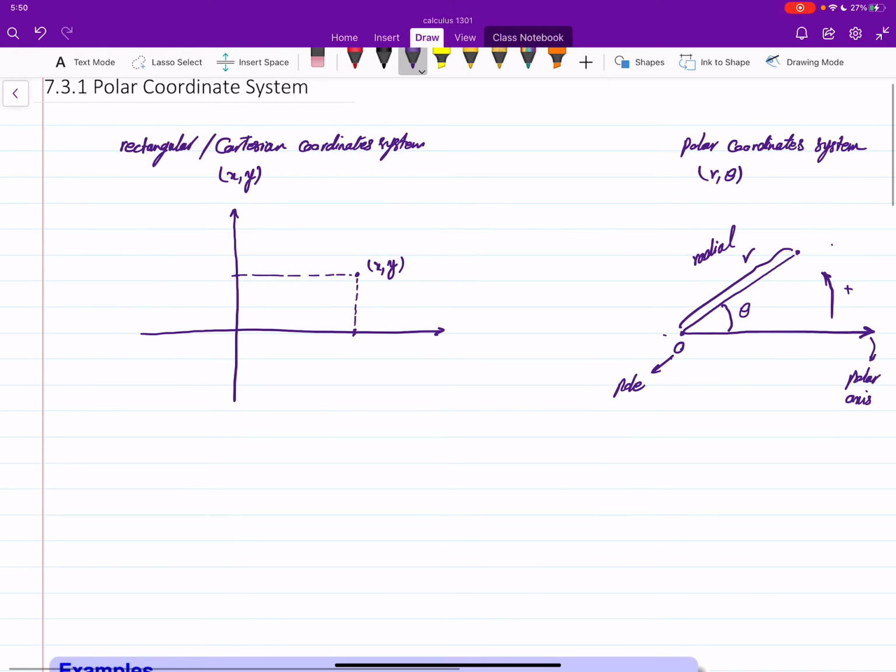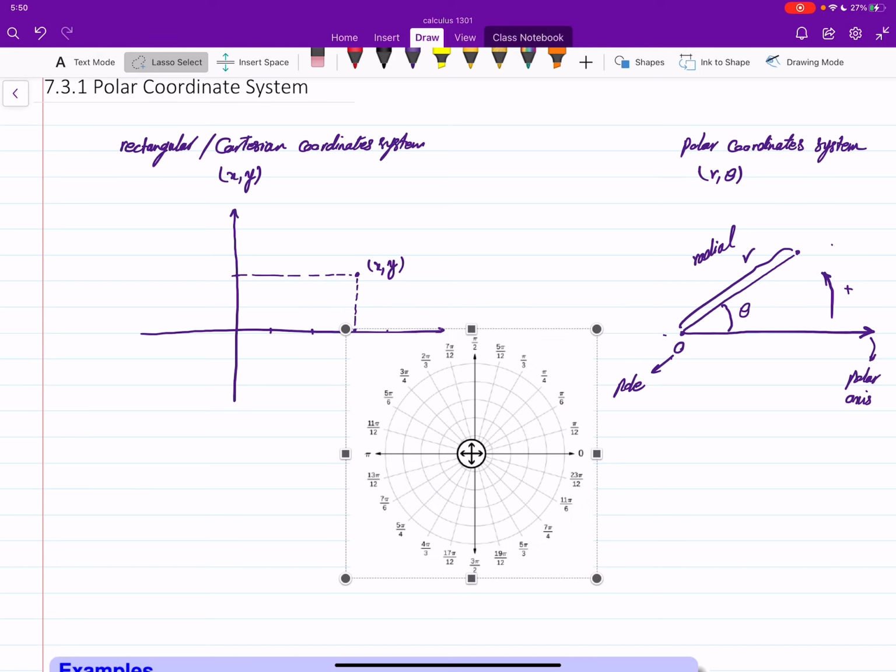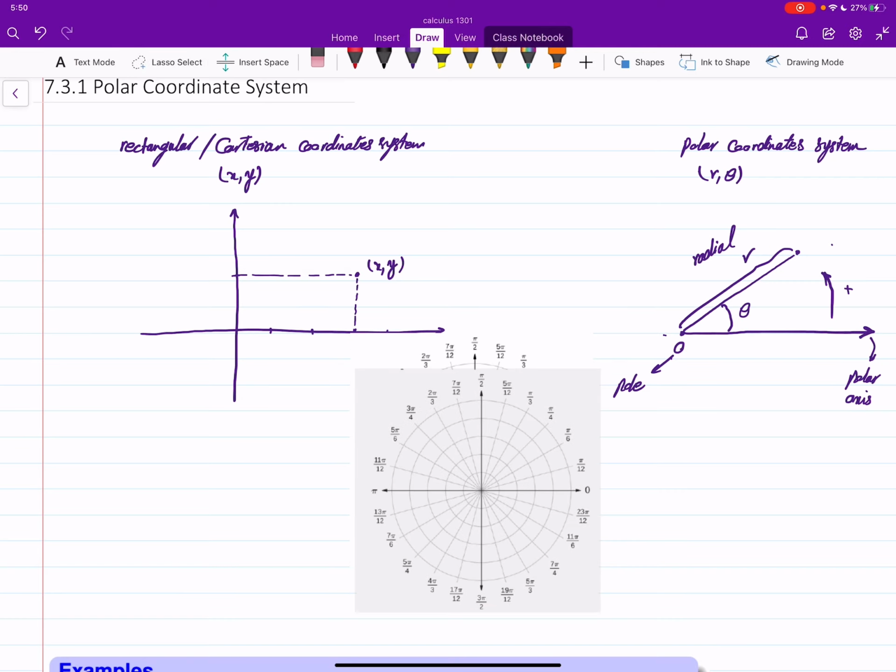So instead of having a network of squares and rectangles, when working with polar coordinates we have something like this, where every point can be identified by the radial coordinate, here on each line you see marks 1, 2, 3, 4, 5, and so on, and through the angle theta, going from 0, pi over 6, and so on.